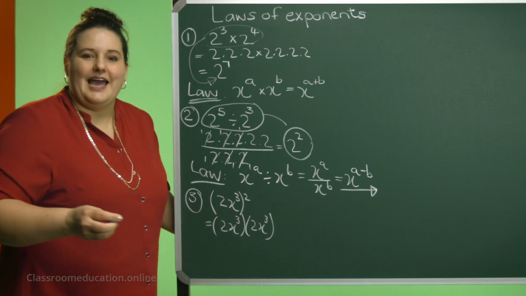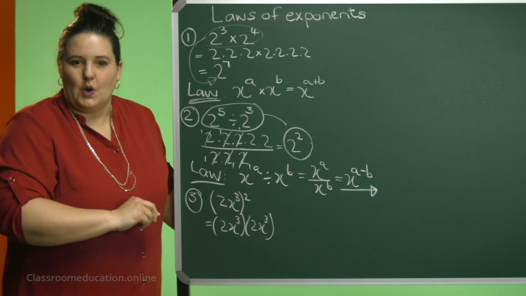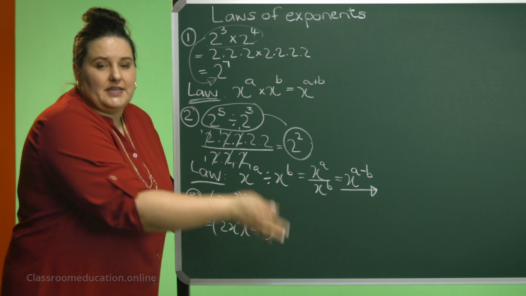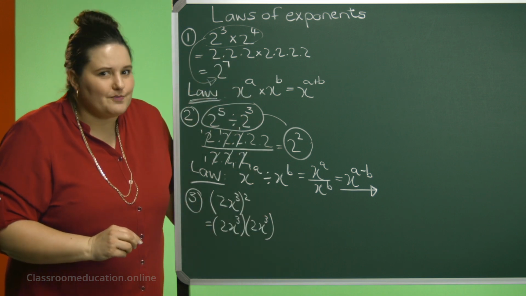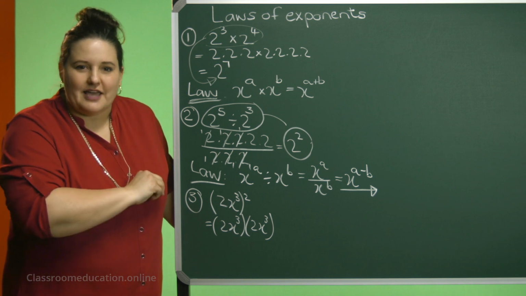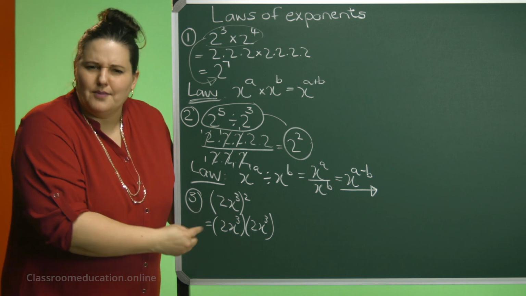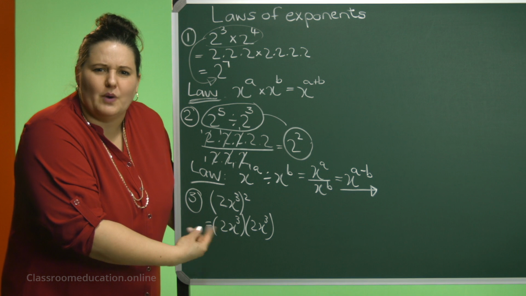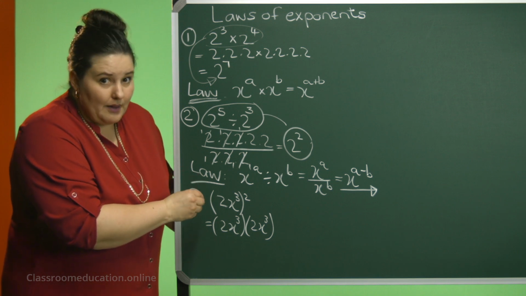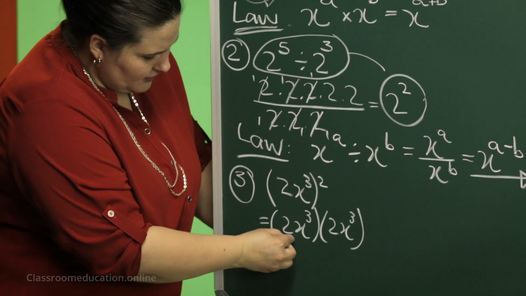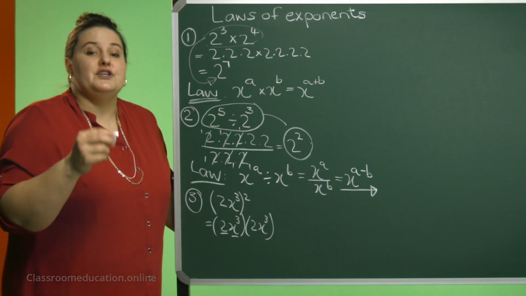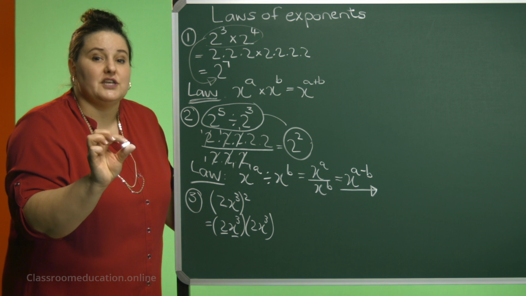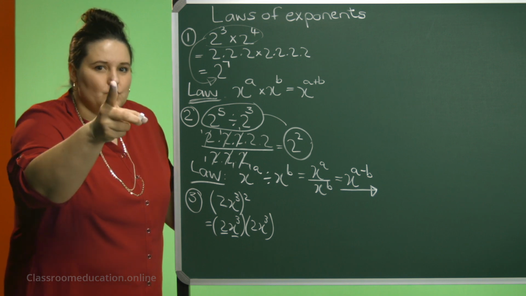And now I'm back with the first law that says bases are the same, they are being multiplied. So what do you do with your exponents? You add them. Boys and girls, how many different types of bases do I have here? It's all about the base. I have a 2 and I have an x. So you need to add the exponents of the base 2 as well.